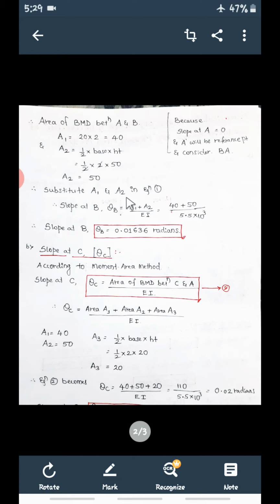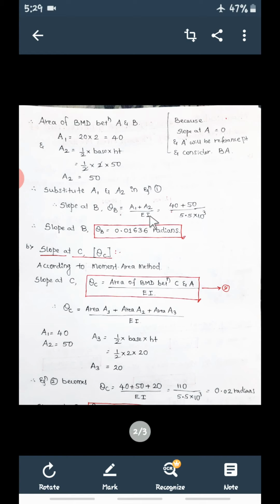Now substitute A1 and A2 in equation 1. What is equation 1? Slope at B, theta B, is equal to area of bending moment diagram between A and B. So that is area A1 plus area A2 divided by EI. That is 40 plus 50 divided by EI, which is given as 5.5 into 10 raised to 3 kilonewton meter square.